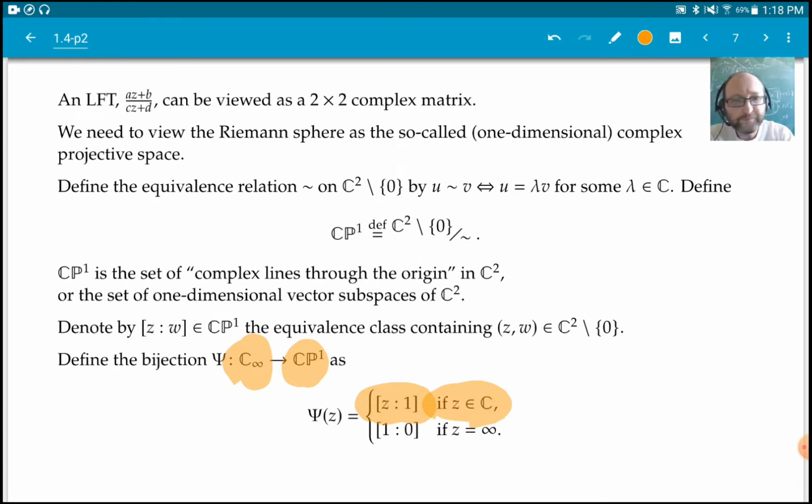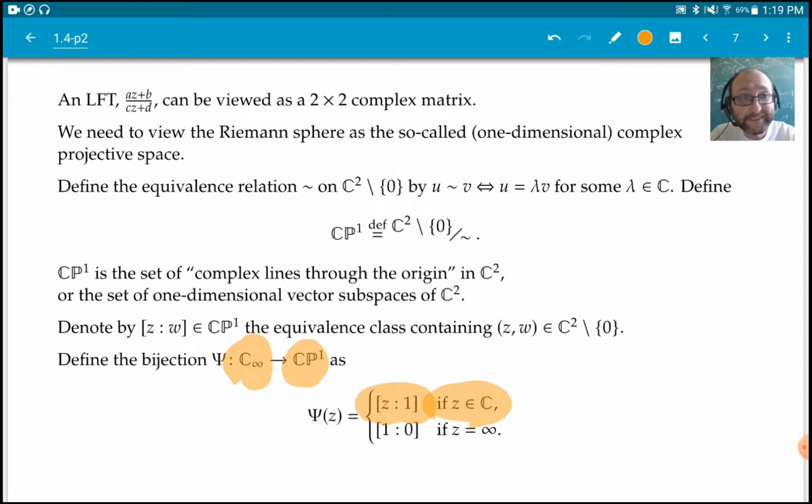Now notice that because (z, 1) is equivalent to any other multiple, I also get basically every other point on this line by multiplying by some lambda. So I can get anything that has the same ratio here.